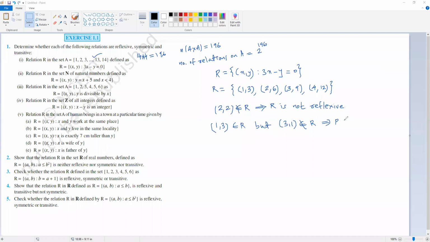That implies R is not symmetric. नहीं है करके प्रूफ करने के लिए वन एग्जाम्पल इज इनफ. नाउ ट्रांसिटिव है क्या?